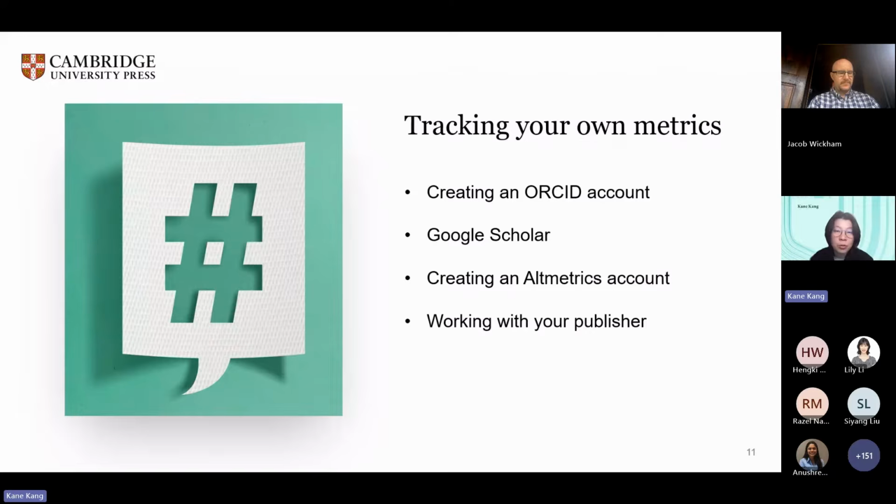And you can have your Google Scholar account to track your H index, create an altmetric account to see all your papers' altmetric scores, and work with your publisher to check how the article is going on. So that's an overview of measuring impacts.